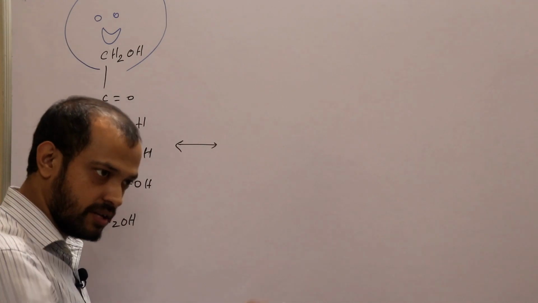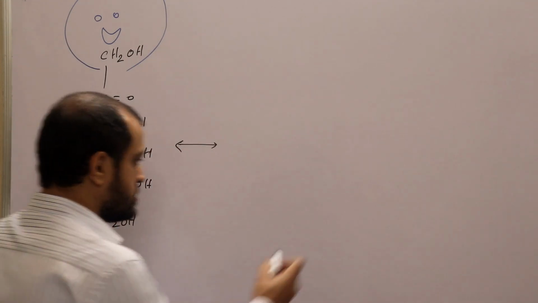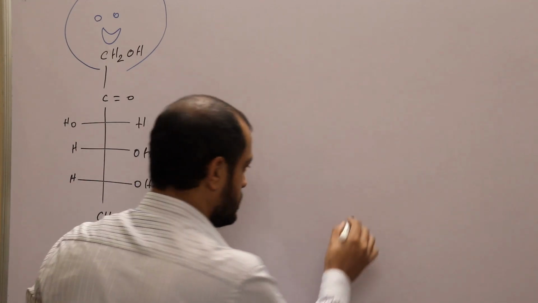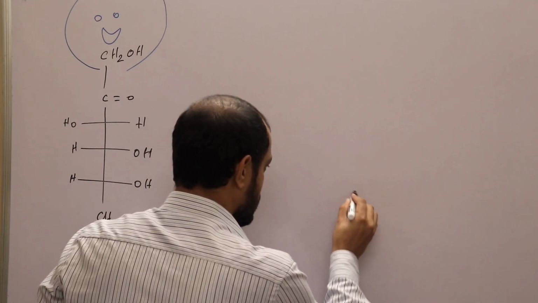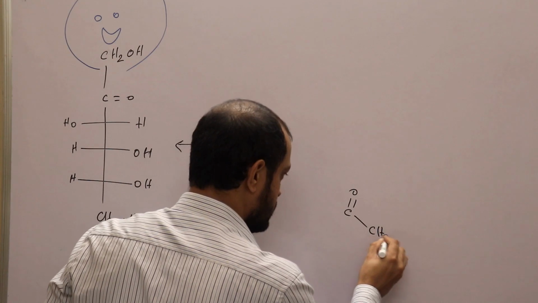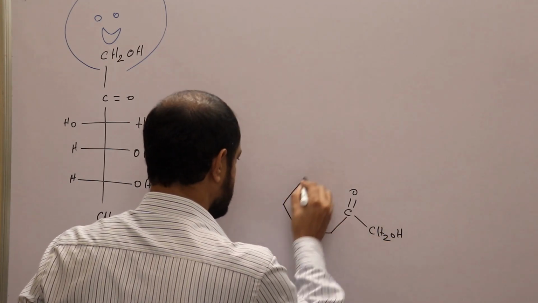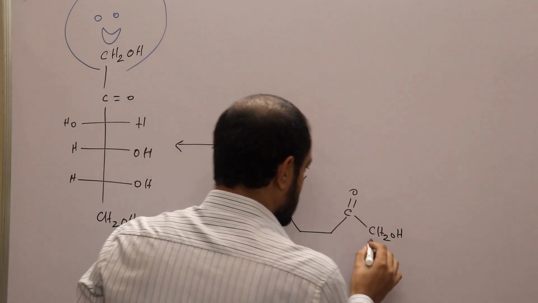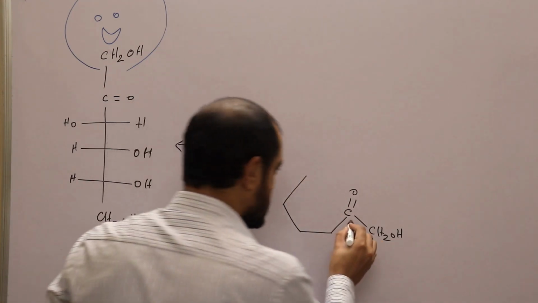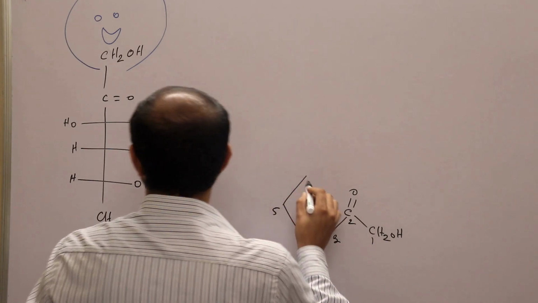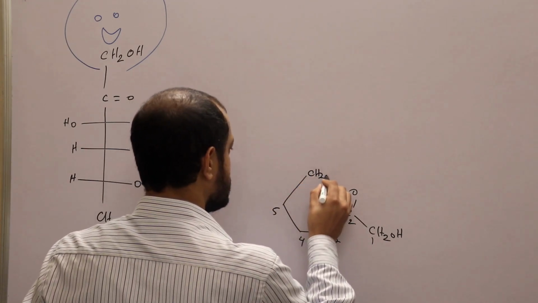I have already told these things. At the end, there is a trick. That is the difference when we talk about fructose. This is the first carbon, this is the second carbon, the third, fourth, fifth, and this is the sixth carbon.